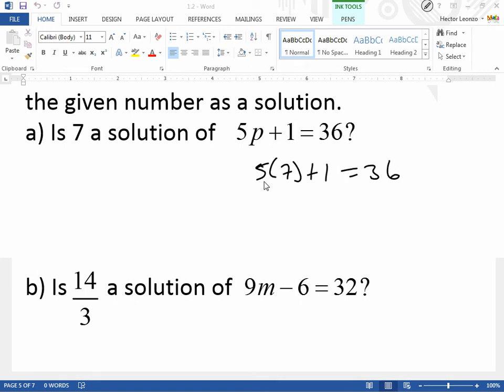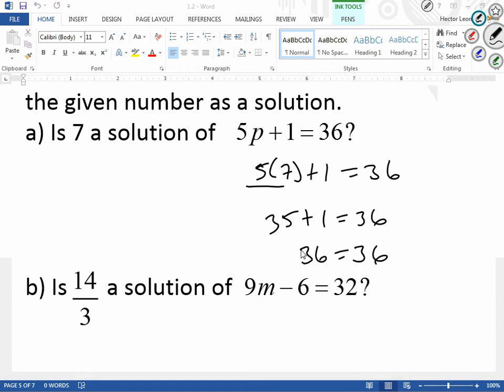I had to multiply first, so I looked at the 5 times 7, order of operations. So I have 35 plus 1 equals 36. And I asked myself, is 36 equal to 36? So yes, this is a solution.